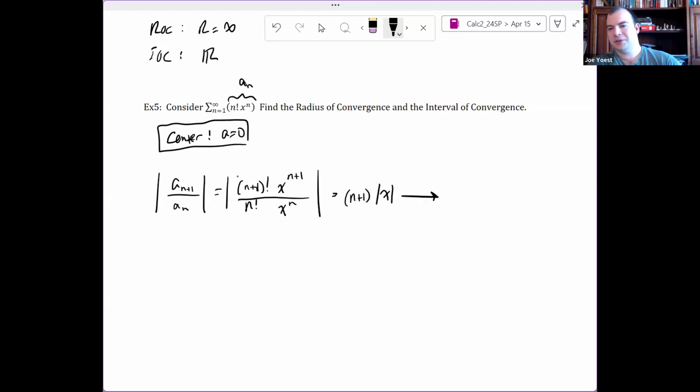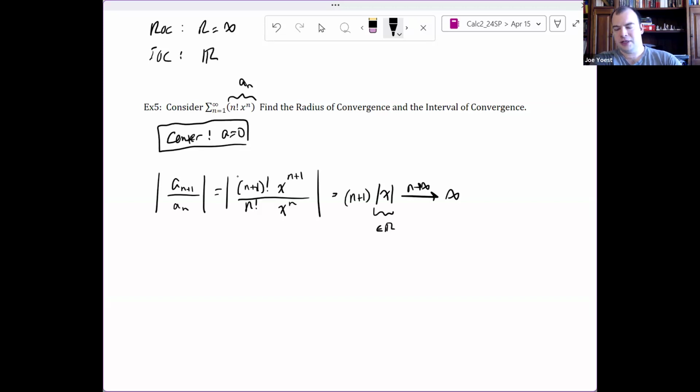And I want to know what happens to this as n goes to infinity. X is some real number. So if x is a number like 2 or negative 20 or something, n plus 1 multiplied by that as n goes to infinity goes to infinity, essentially for all x. The only place that this limit doesn't go to infinity, and this is a little tricky, we have to remember kind of what order we're doing things in.